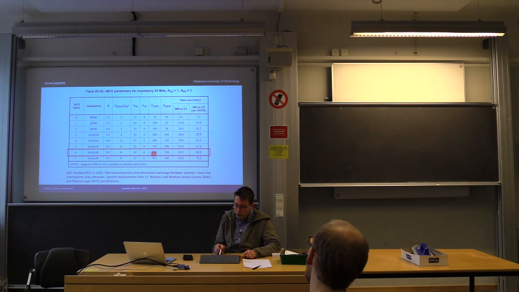And here's a bunch of numbers that might not make a whole lot of sense to you now, and I won't go through this, but this is the data rate we get, 58.5 megabits per second for this one. So I could do better, right? I could have gotten 65, but I could also do much worse, 6.5 megabits per second. Okay, questions?